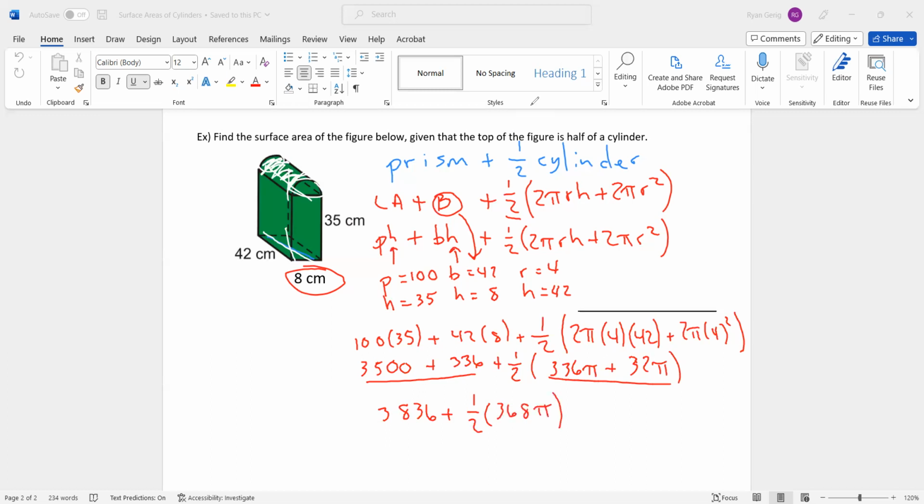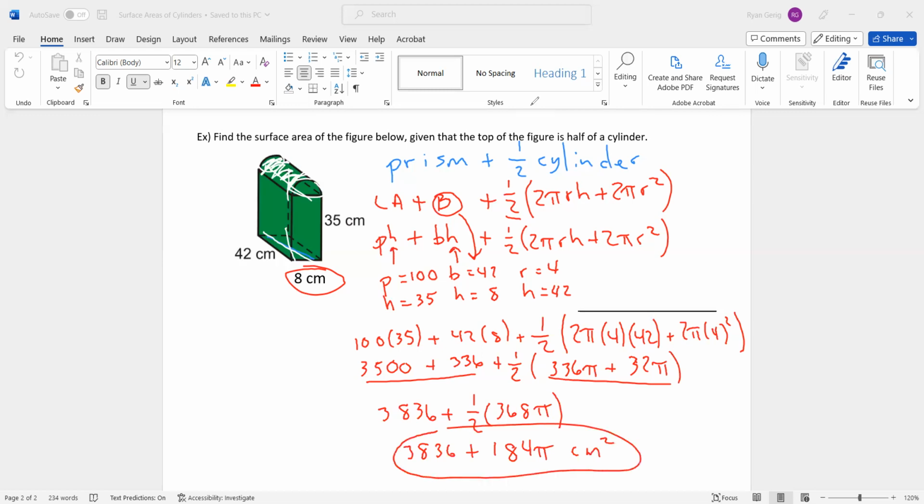Well, half of 368 is 184. So 3836 plus 184 pi is my surface area in terms of pi.